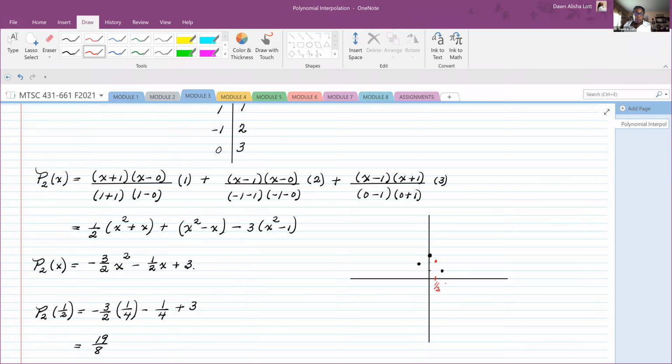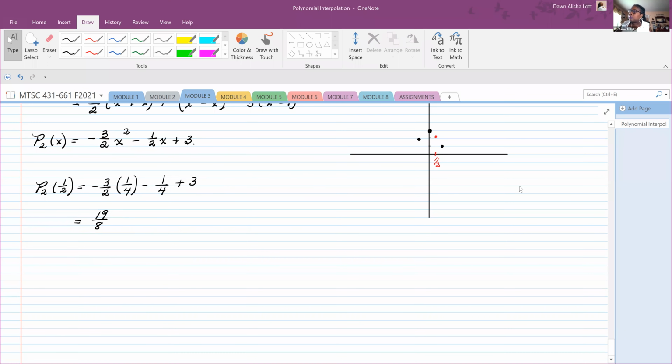Okay, so what is the error for this interpolating polynomial? All right. So our error for the interpolating polynomial is as follows.